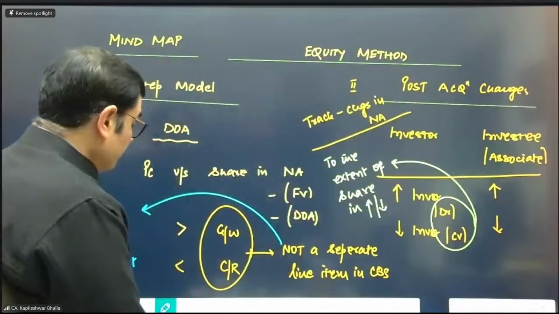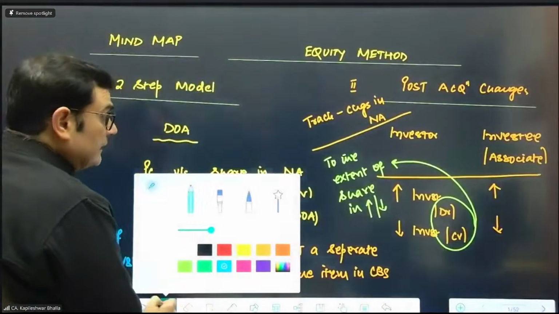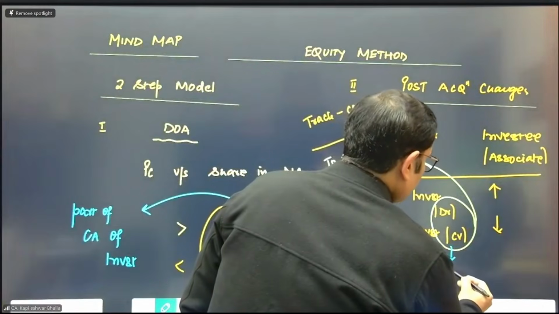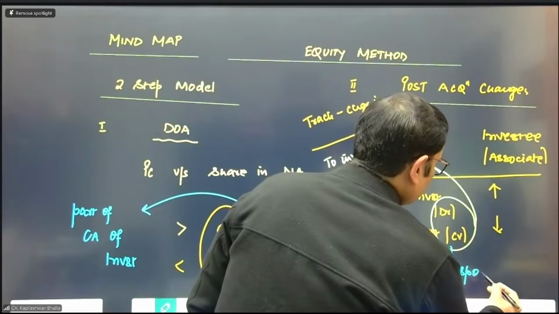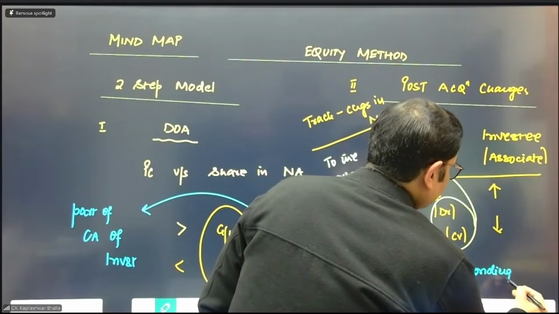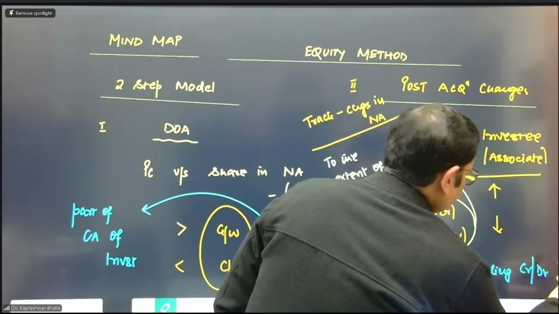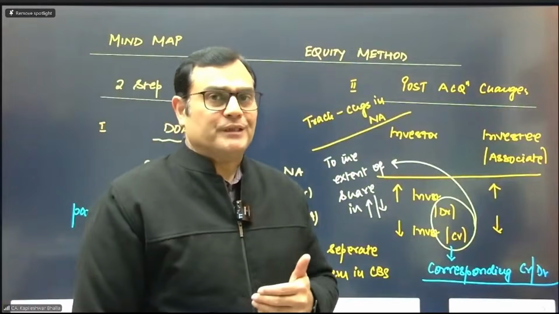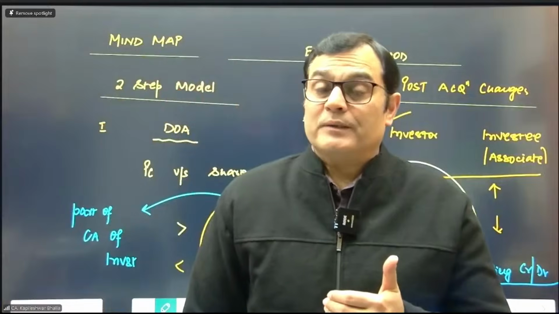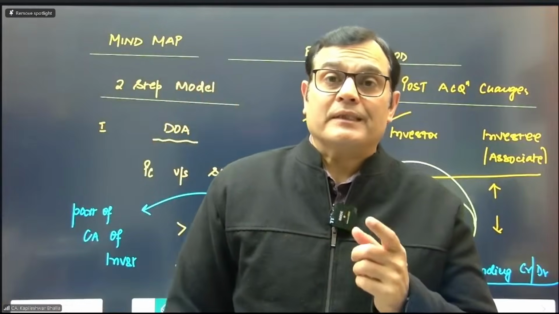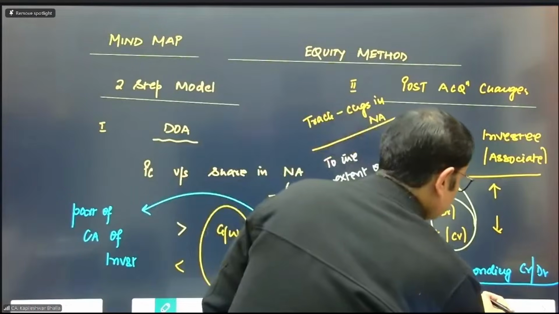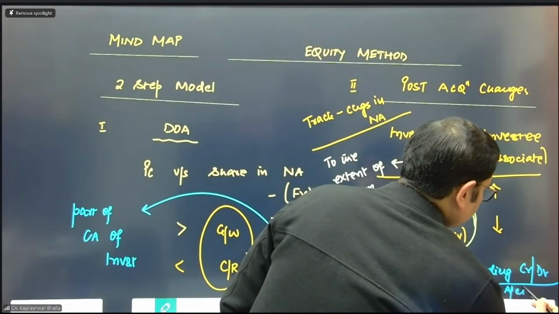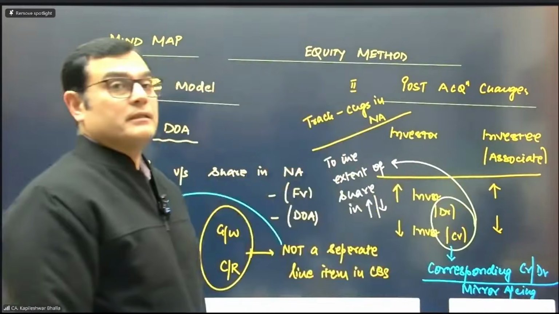And then I also gave you that when you're considering the debits or credits, there is a corresponding credit or debit. So when you debit the investment, you need to correspondingly credit something. When you credit the investment, you need to correspondingly debit something. And that's what we said is going to be a mirror accounting.